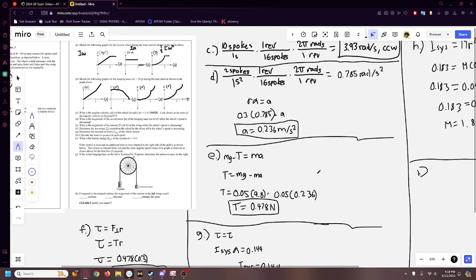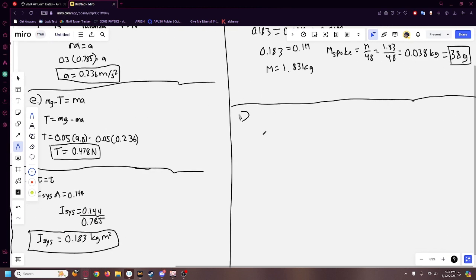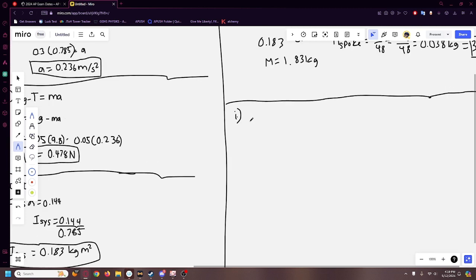Part I asked for kinetic energy of the system. So this is equal to KE rotational plus KE linear.